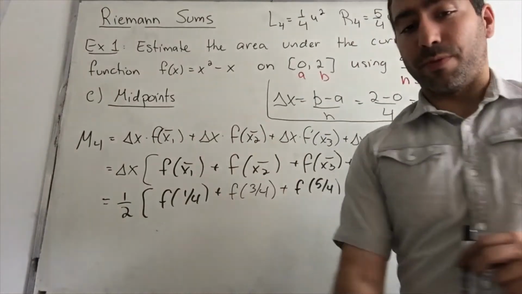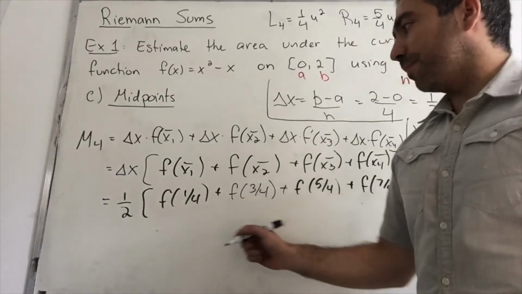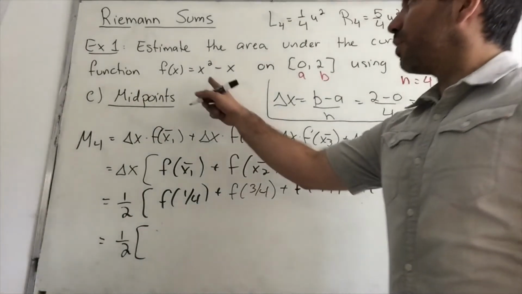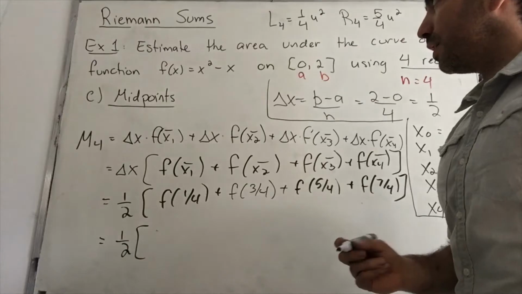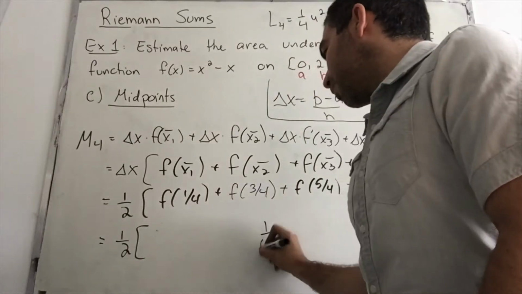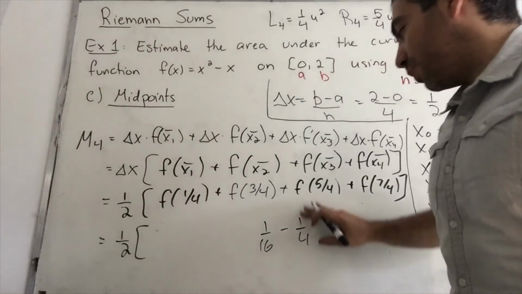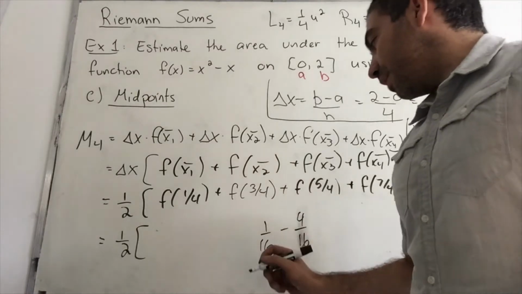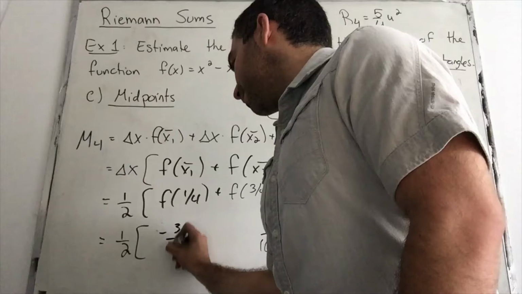we plug them into the original function, giving us 1 half, then a quarter. A quarter squared is 1 over 16, minus a quarter. 1 on 16 minus a quarter: multiply the top and bottom by 4, so this is 4 over 16. We get negative 3 on 16.